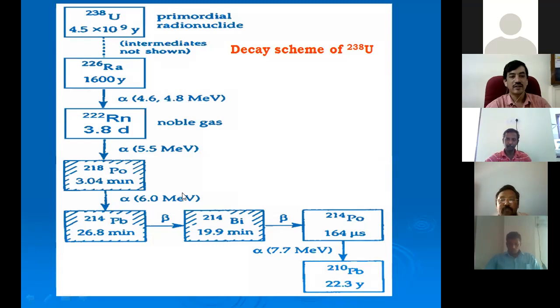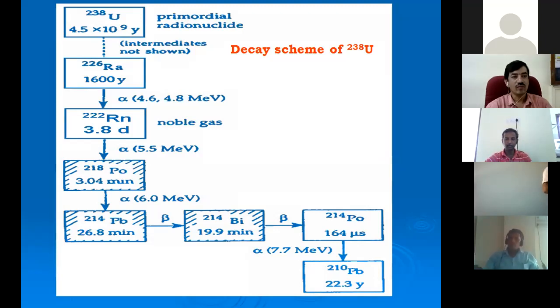These are present from the time of origin of the universe. Uranium will undergo a series of radioactive decays. Its half-life, you can see, is 10 to the power of 9 years, almost equal to the age of the Earth.